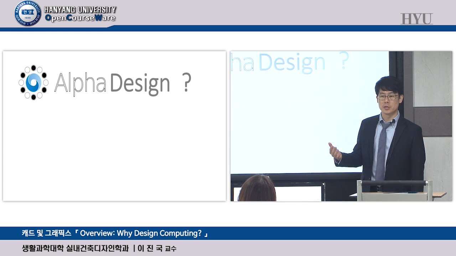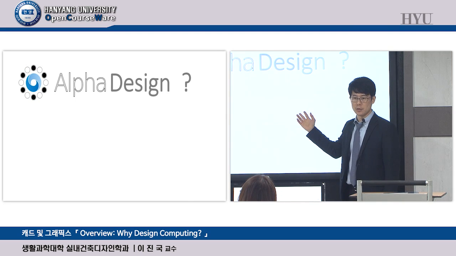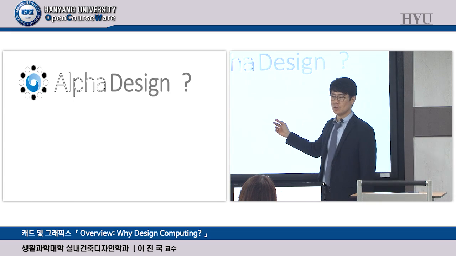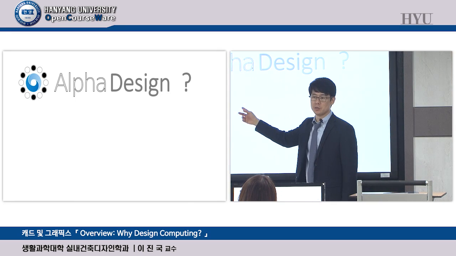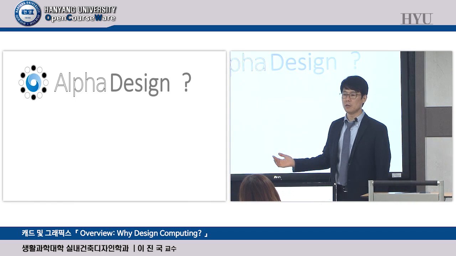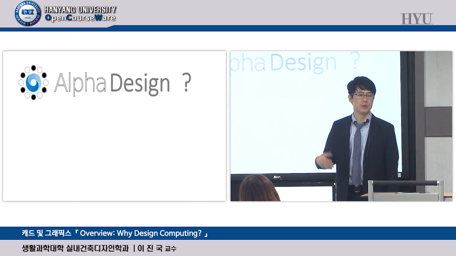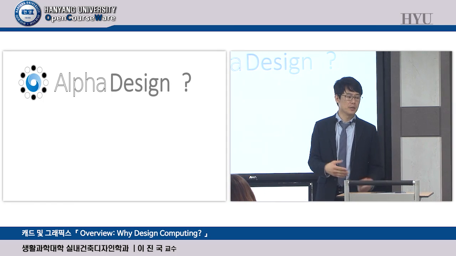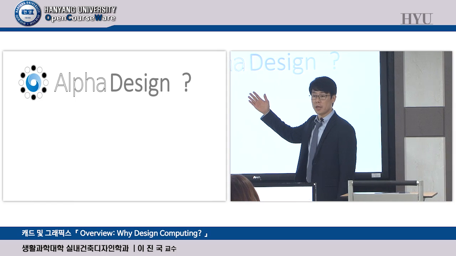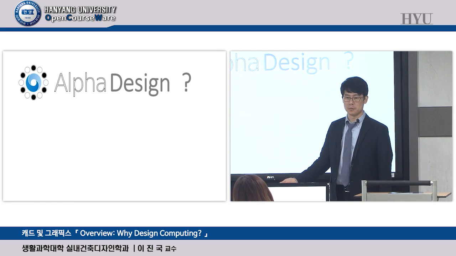Thankfully, fortunately, so far there is no such application, alpha design. Alpha design literally means a design machine in automation, without help from designers, interior designers, architects, architectural designers, and so on. Someday, a computer can design by itself.